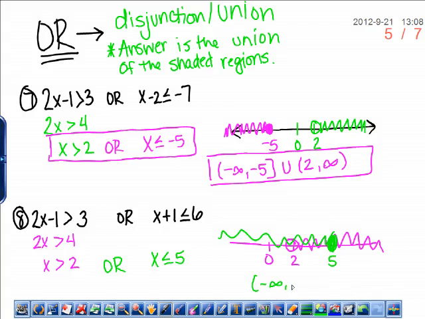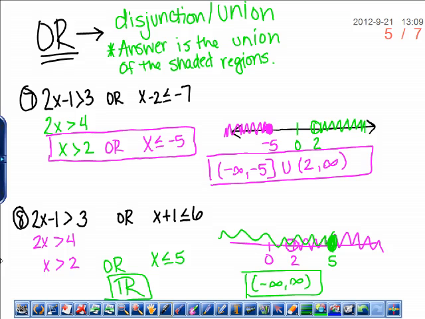If you're asked to write all real numbers in interval notation, it's negative infinity to infinity. If you need to write all real numbers in inequality notation, it's your double-backed R. Is there a question?